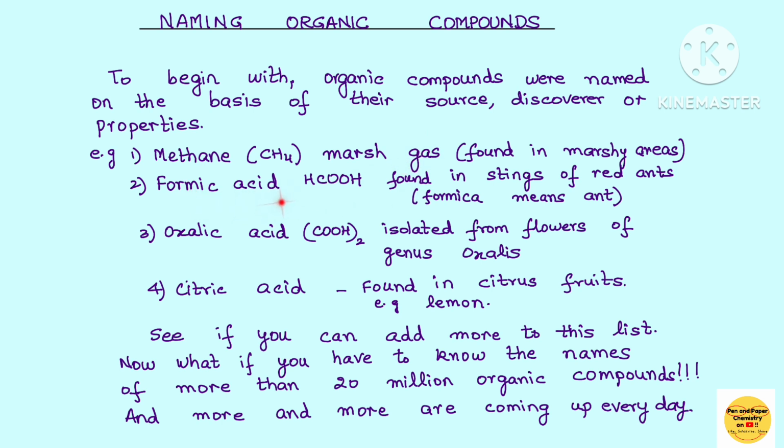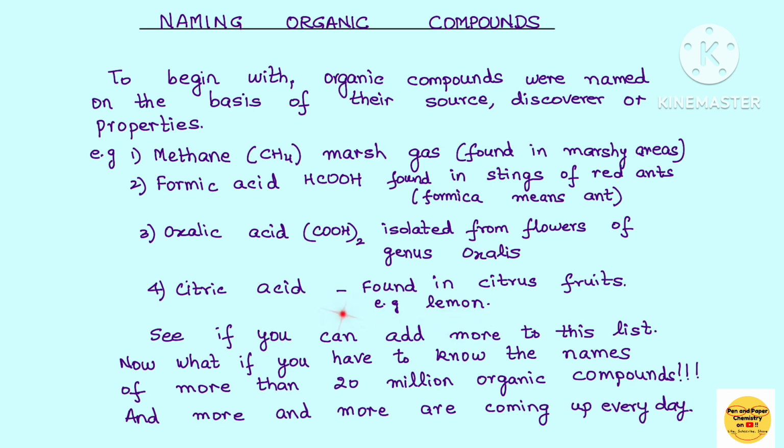Formic acid, it's the acid which goes into our skin when we get bitten by an ant. It is found in the stings of red ants because formica means ant. Oxalic acid is isolated from the flowers of genus Oxalis. Citric acid is found in citrus fruits, for example, lemon, orange, etc.